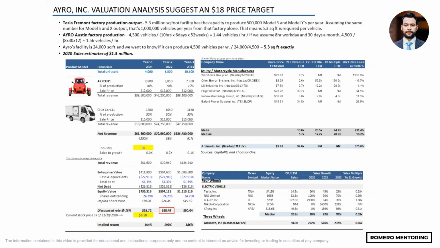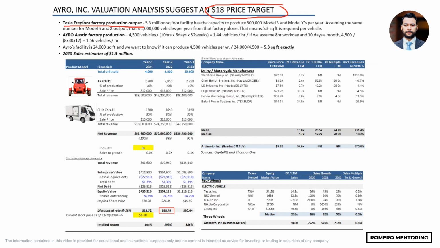Now, in terms of our price target, analysis and valuation, we came up with an $18 price target. We first looked at the facility and asked, can they actually produce 20,000 vehicles over the next 3 years? So we looked at Tesla's Fremont factory production output just as a benchmark.